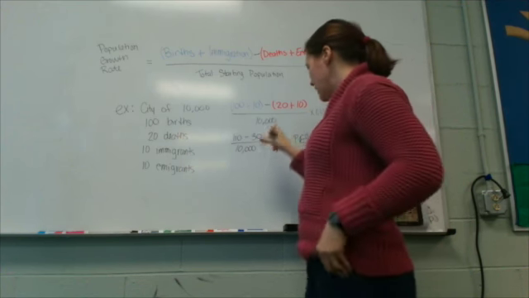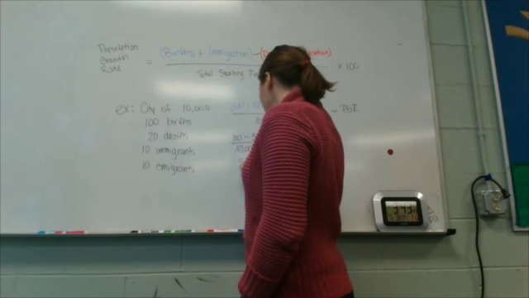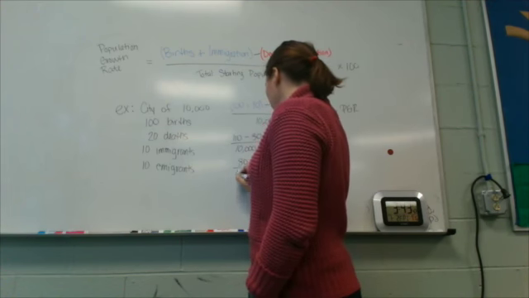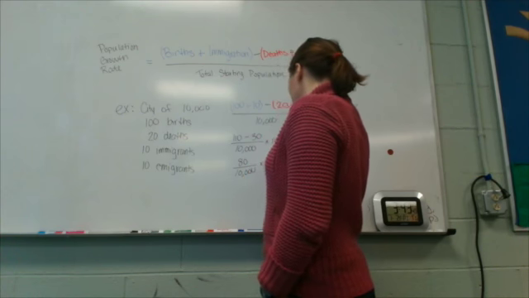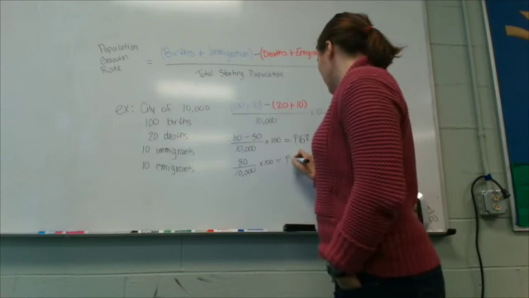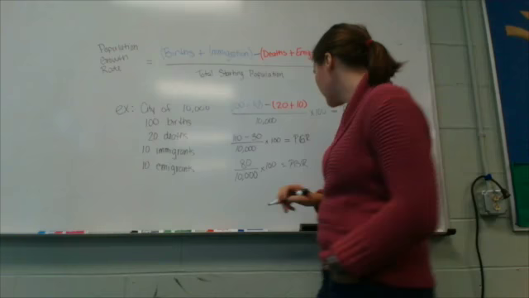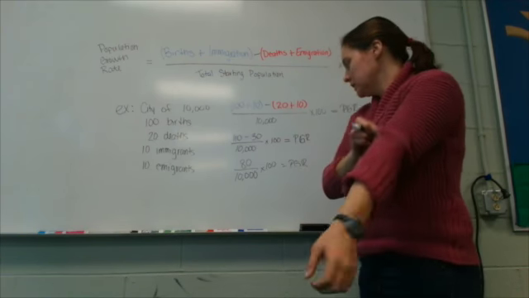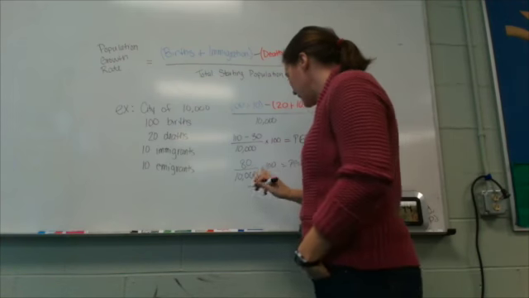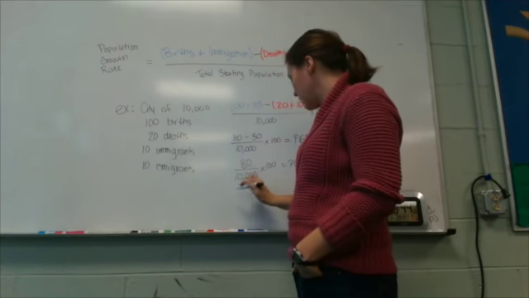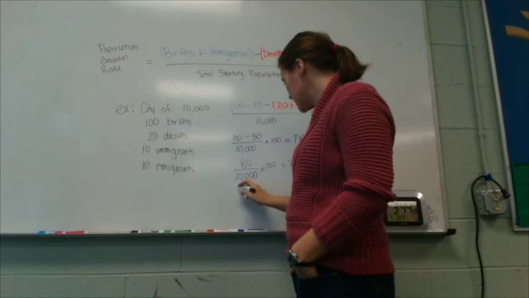All right, so 110 minus 20 gives us 90 over 10,000 times 100. So then when we divide 90 by 10,000, it's the same as 9 thousandths.